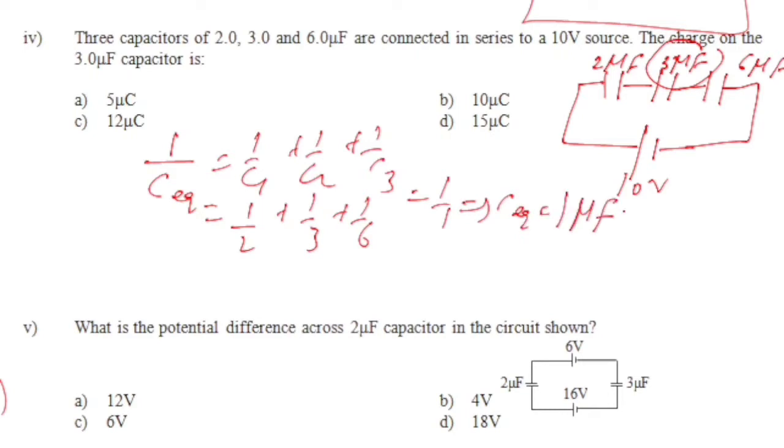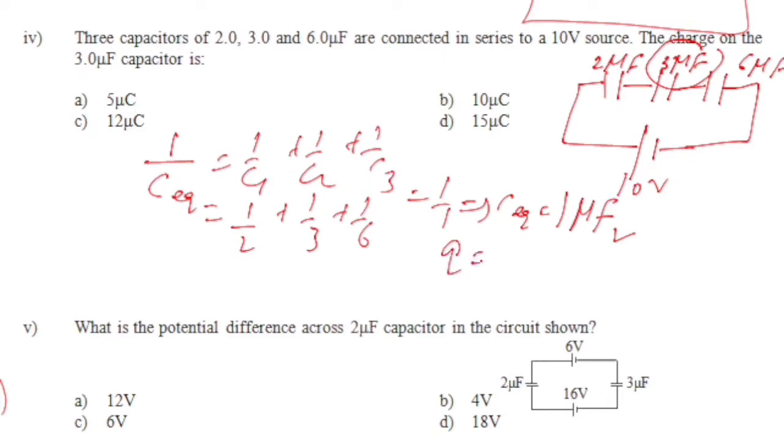So you get equivalent capacitance C, and voltage is 10 volt. What is the charge on this capacitor? Charge on each capacitor is the same in case of series combination. And what is the formula for charge?